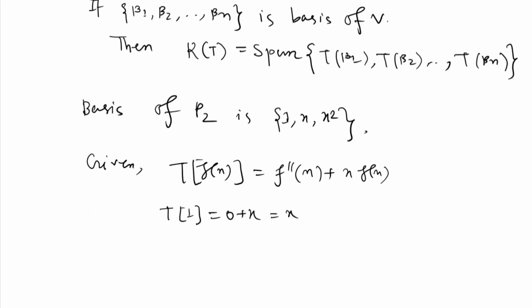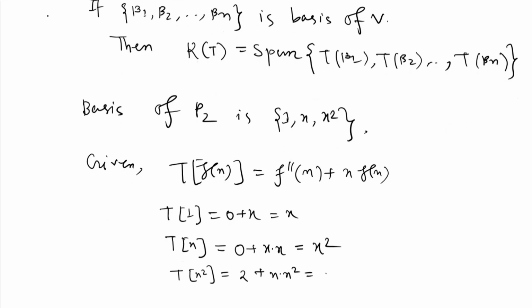T of x is equal to 0 plus x dot x, which is equal to x square. And T of x square is equal to 2 plus x dot x square, which is equal to 2 plus x cube.